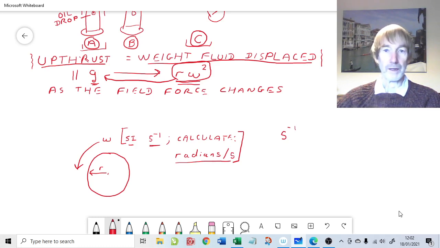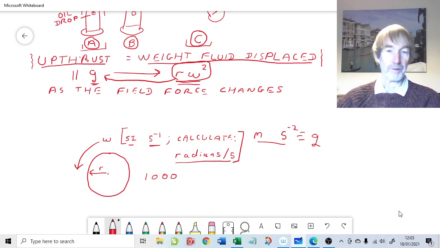So r would be in the units of meters, and then omega squared would become seconds to the -2, which is, of course, acceleration, just the same as g, where we had meters per second squared, length times time to the -2.